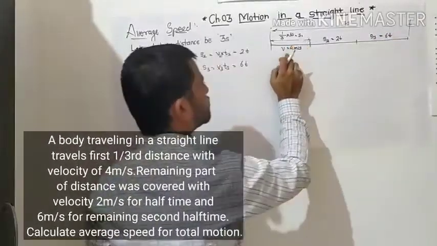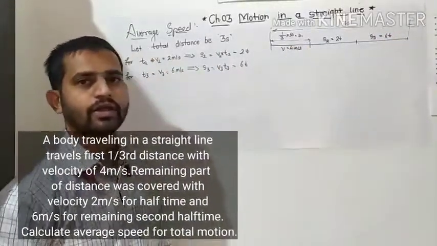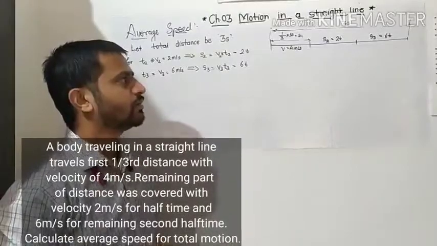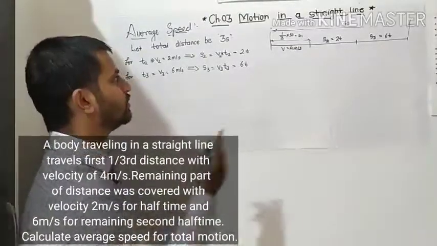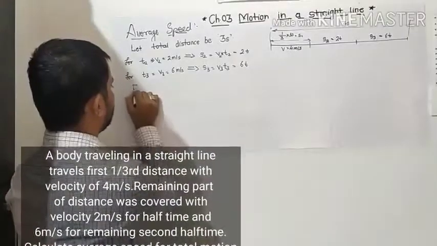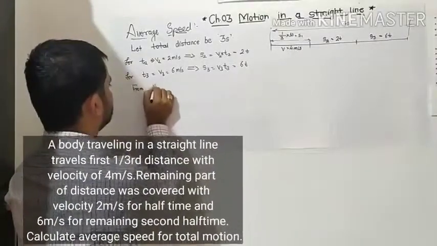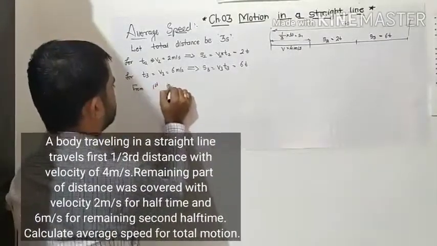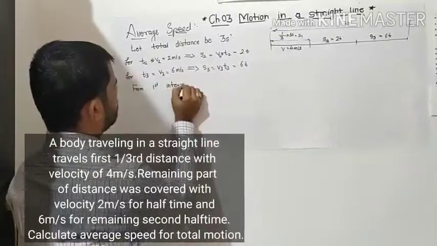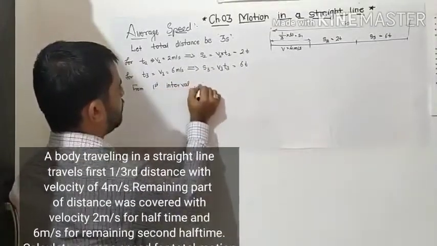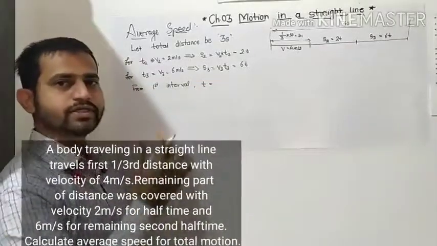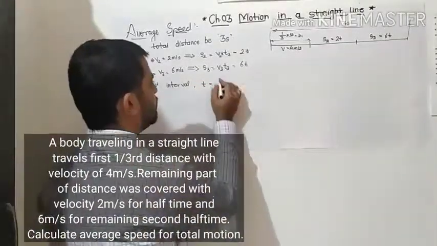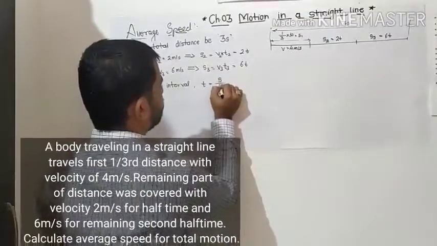Now from this equation, can we calculate the value of the t? From the first interval, what is t equal to? Distance upon velocity, so it will be s upon 4.